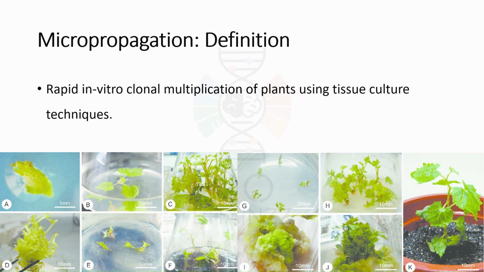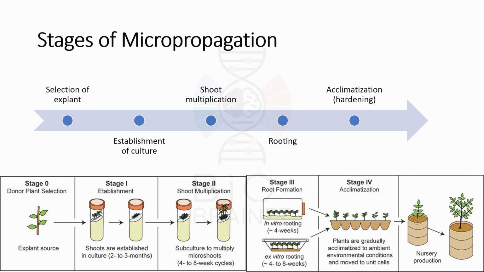For CUET-PG, the phrase rapid clonal multiplication is frequently used in MCQs as a clue pointing to micropropagation.